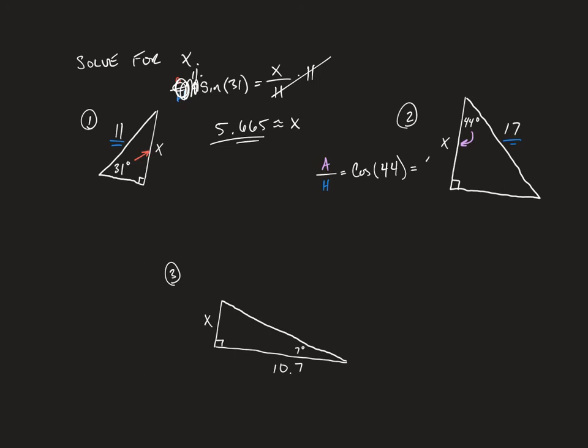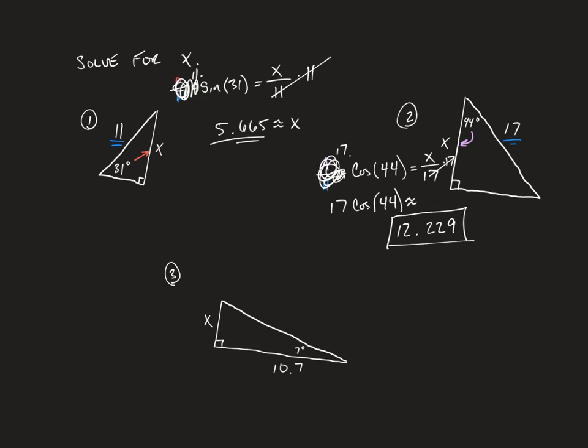And I'm going to compare that to what I know about this triangle. All right, so to get x alone, I'm just going to multiply both sides by 17. Those cancel there, times 17. So what is 17 times cosine of 44? Approximately 12.229. That's the length of x.